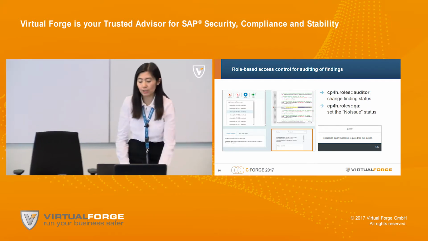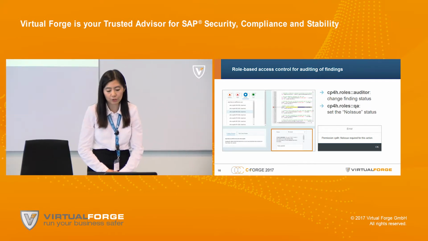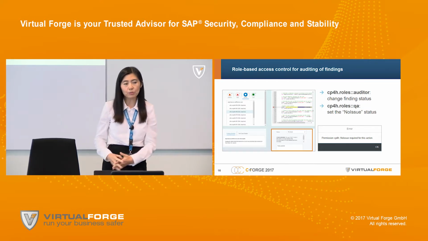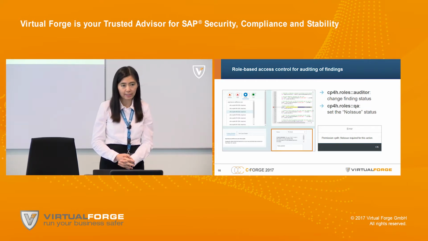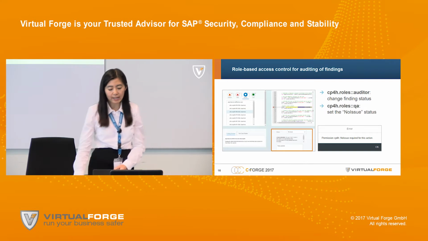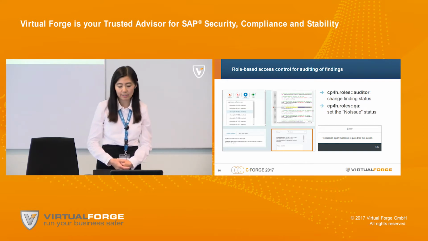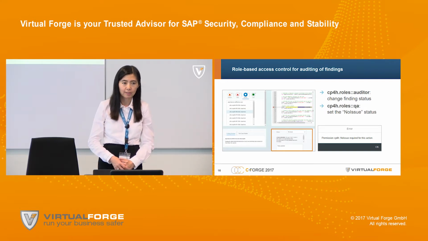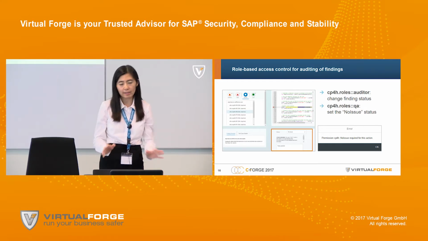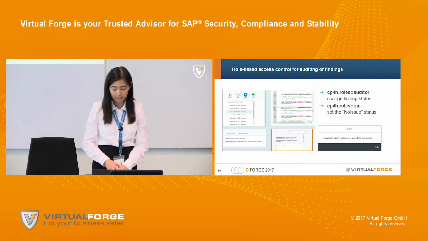With Finding Manager, we enforce access control. An auditor is allowed to change the finding status, and only a QA is allowed to set the no issue status. So your developer cannot just go to the Finding Manager and say everything is okay, they are all false positives.